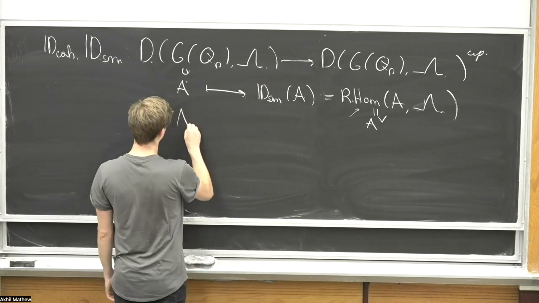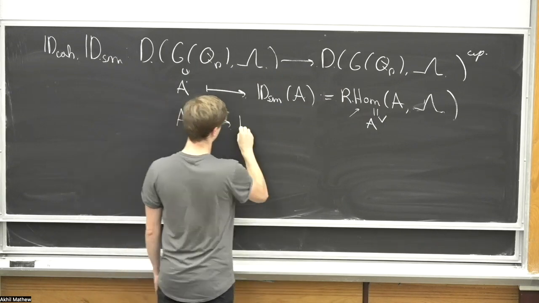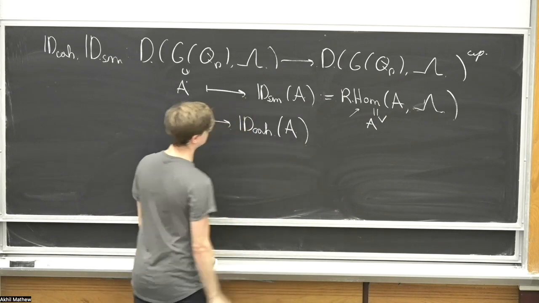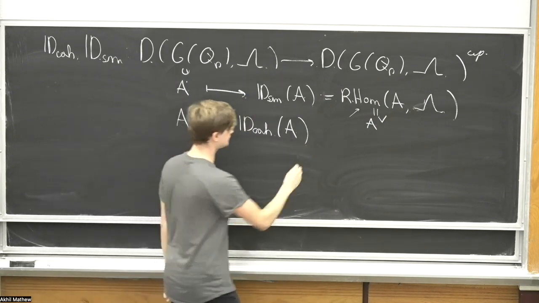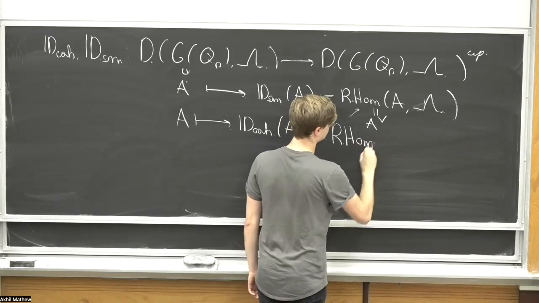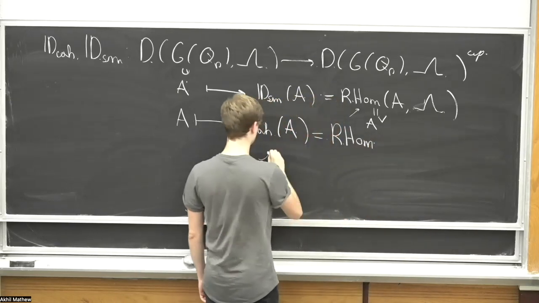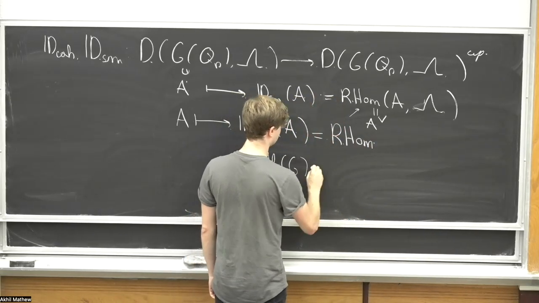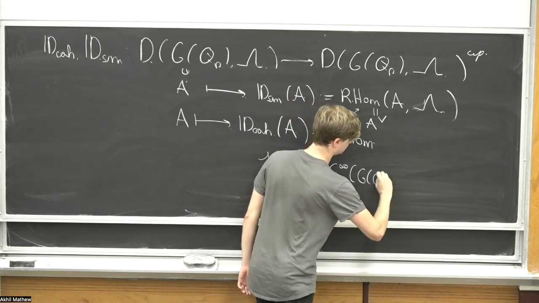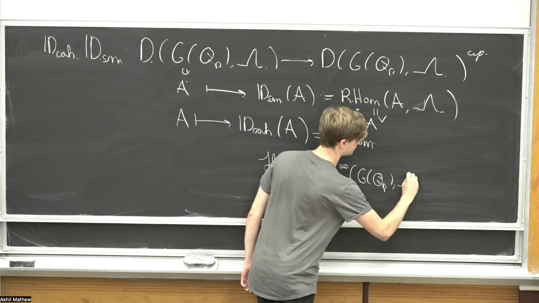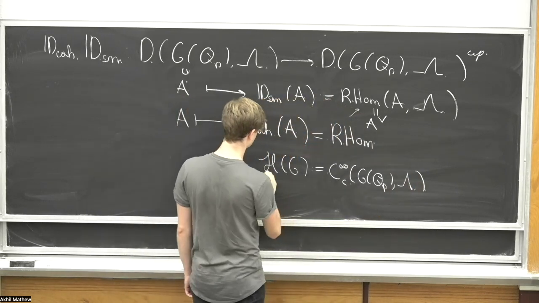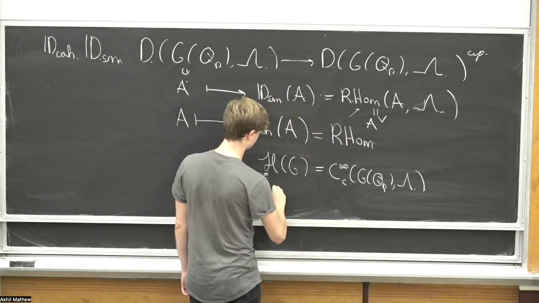But then there's another kind of duality. And this is homological duality. And what this does is, so we have a smooth representation, but then we can view it as a module under the space of compactly supported smooth functions on G(Q_p). This is the smooth Hecke algebra.